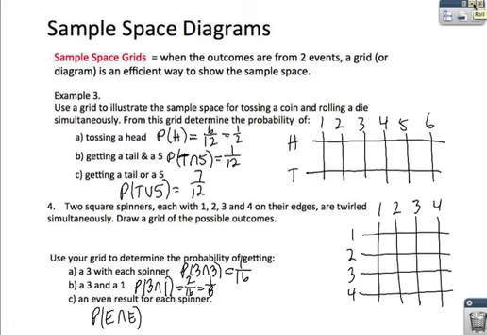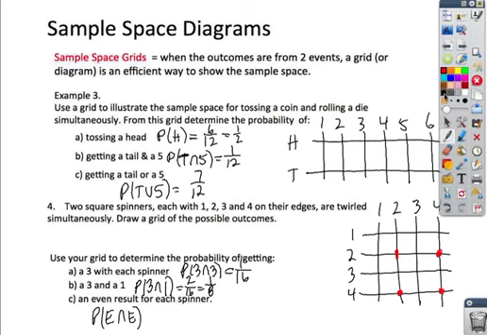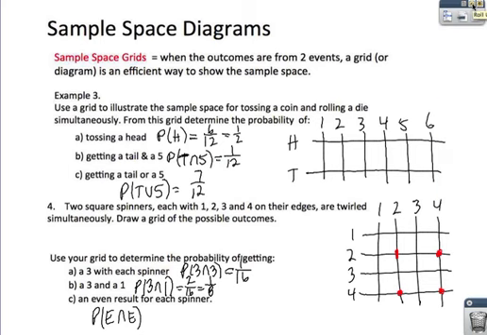So even and even would be a 2 and a 2, and a 2 and a 4, or the 4 and the 2, and the 4 and the 4 here. And again, simply count the intersections. You can see that there are 4 such intersections, so the probability would be 4 out of 16, or 1/4.